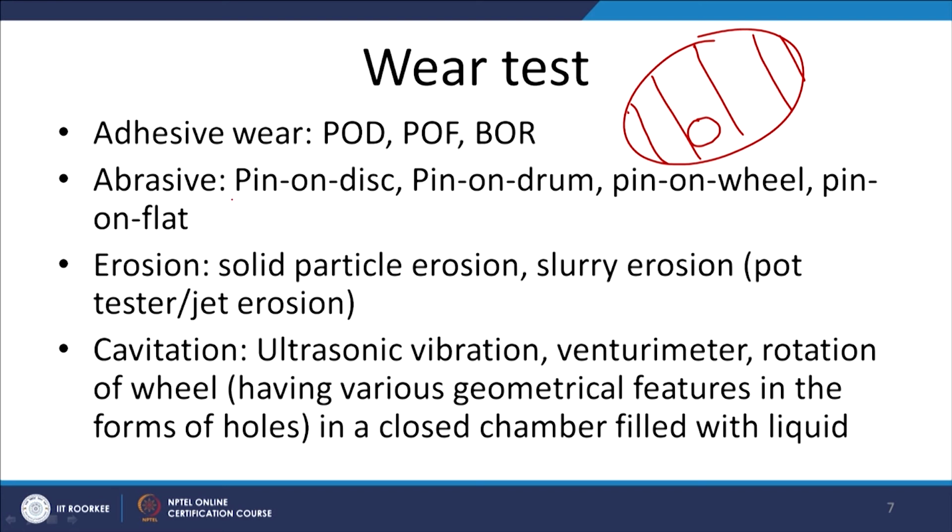In that case, the wear pin, the pin on drum or the pin on flat, in all these cases the metallic plate is replaced with the abrasive medium or abrasive paper, and thereafter the same method is repeated. So instead of rubbing the modified surfaces against the metal, in this case the rubbing will be happening against the emery paper for assessing the wear behavior.